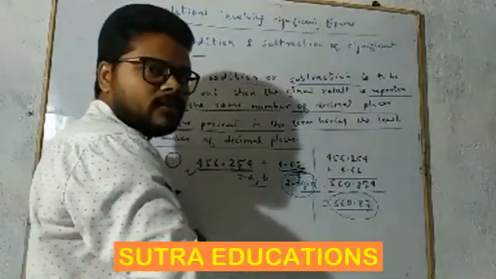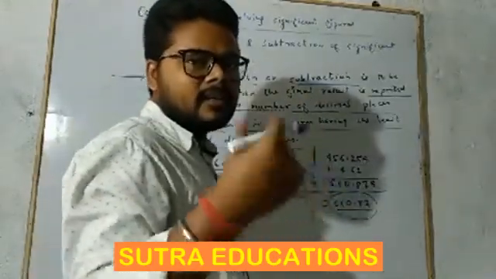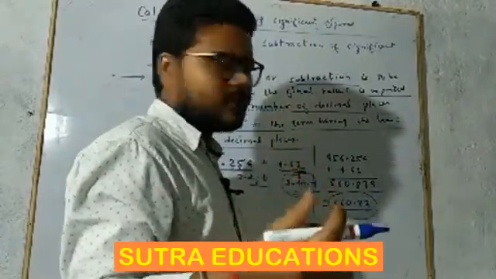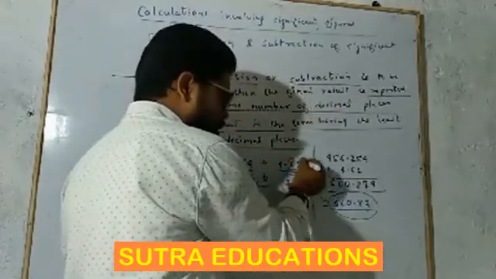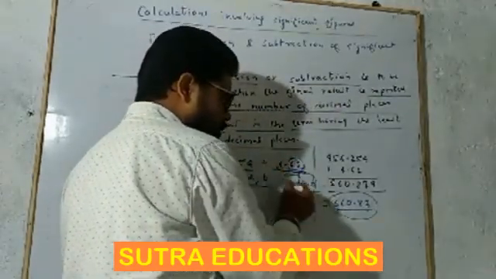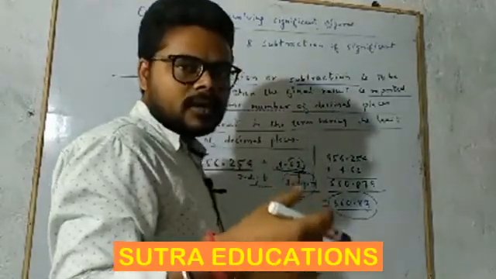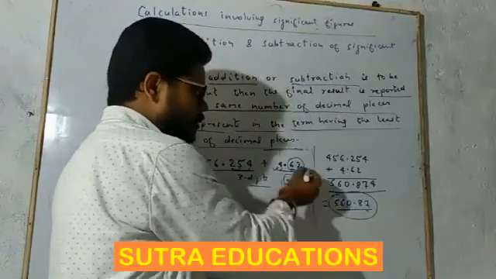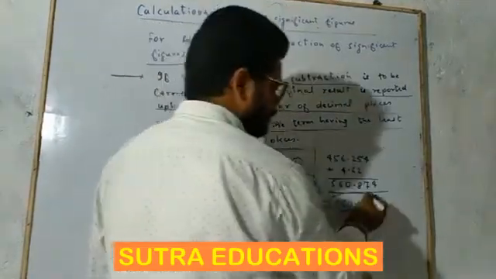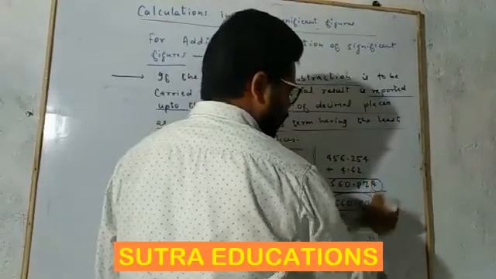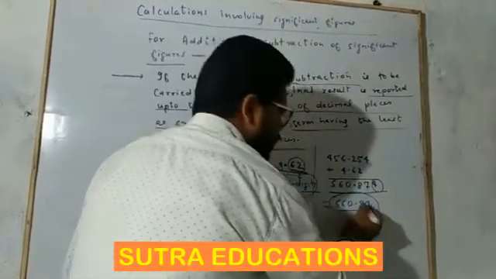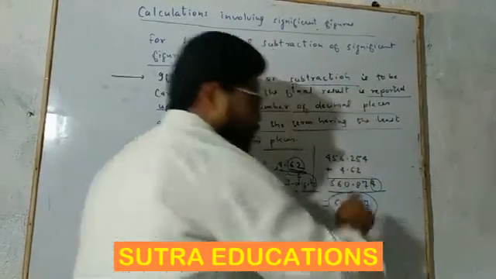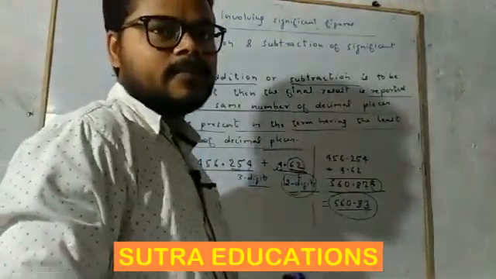So according to the rule, the term having the least number of decimal places decides our answer. We will report our answer up to only two decimal places. So this 4 we will not consider, we will consider only up to 8 and 7, taking the 1 and 2 places after the decimal.